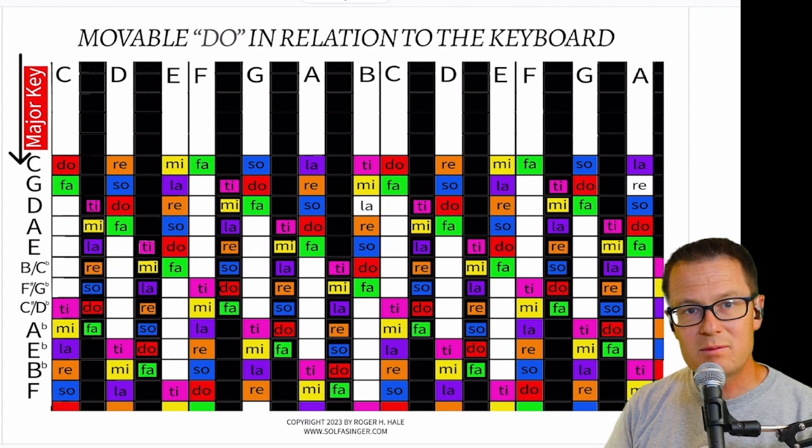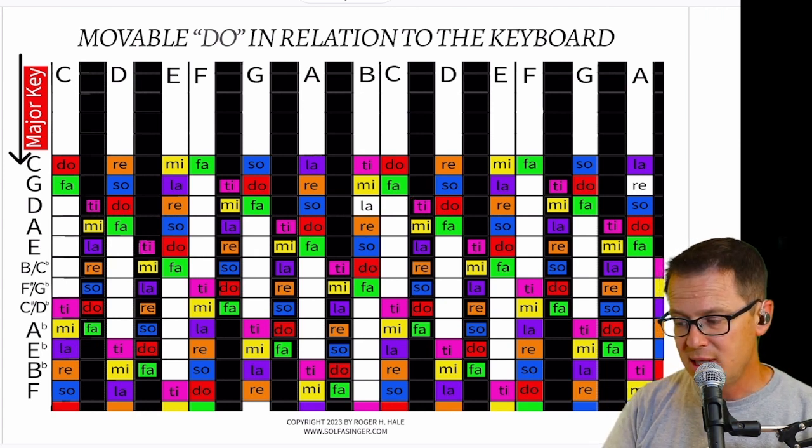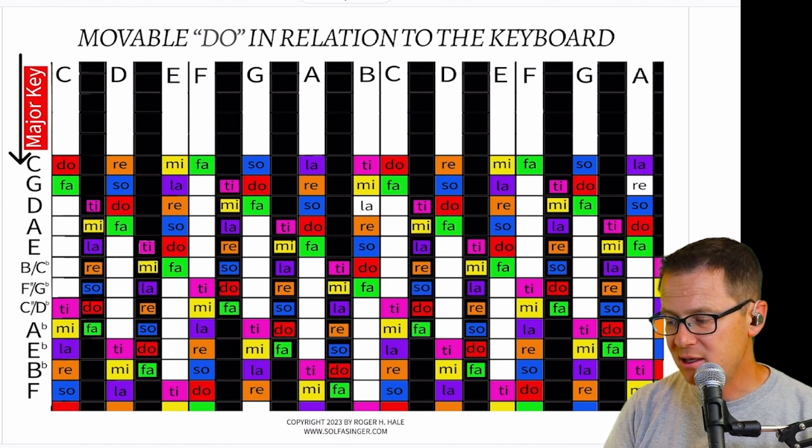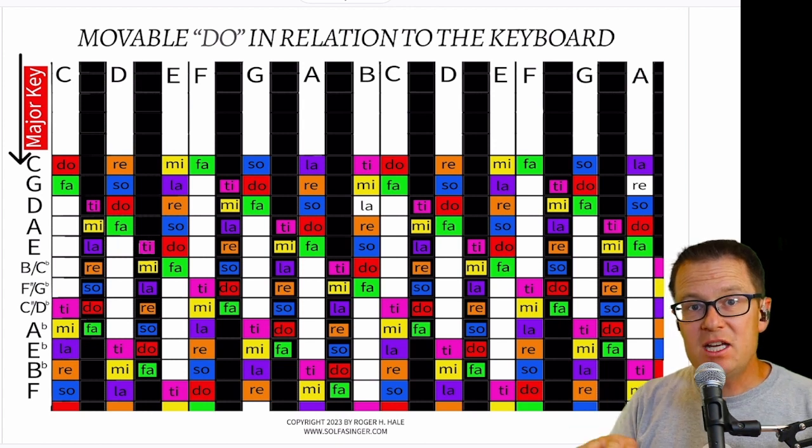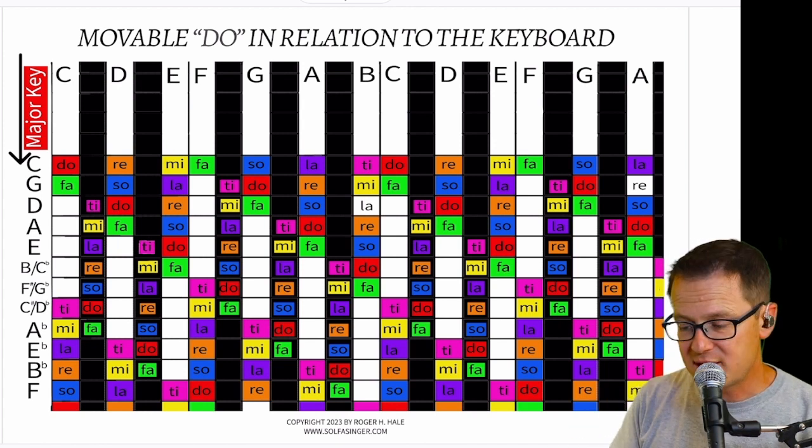That's the only one that's on a black key. That's your 1 sharp. And it's a half step from ti to do. Here we are. Ti, do, and mi, fa. Those half steps stay consistent no matter what key you're in. It just shifts to a different spot in the keyboard.